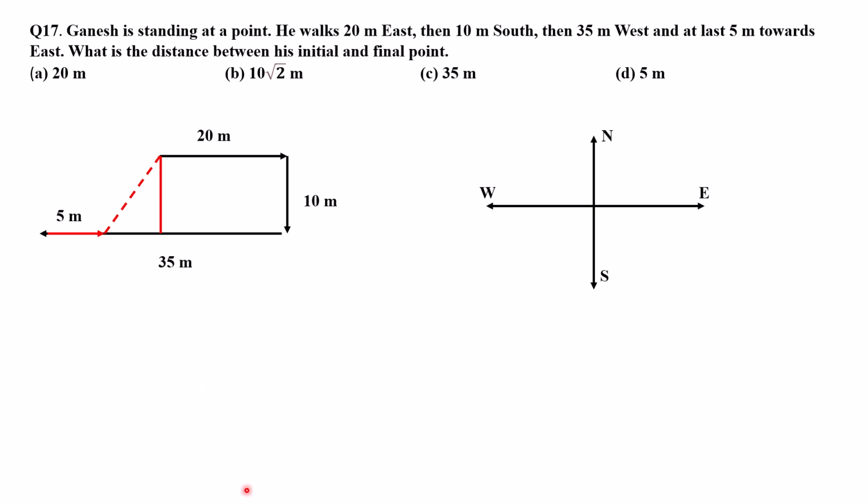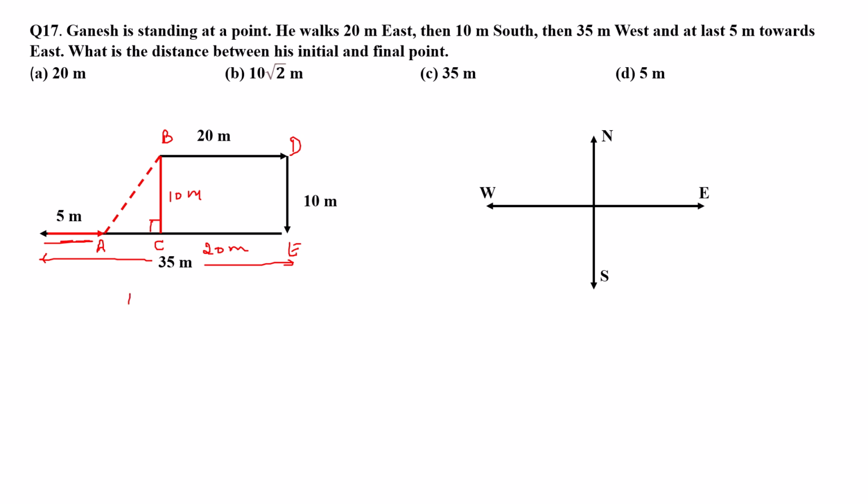Okay, and what you have to find here? You have to find the distance, which I'm going to indicate with the letter AB. Okay, you have to find the distance AB. So this is a right angle triangle. Now this distance will be 10 meter, isn't it? Why? Because if this is 10, opposite to it, this will be also 10. This is like a rectangle. Now this is 20 meter. Let me name this also D and E. See, BD is 20, so CE is also 20 meter, isn't it? Now this complete distance was 35. Out of this, this much is 5.